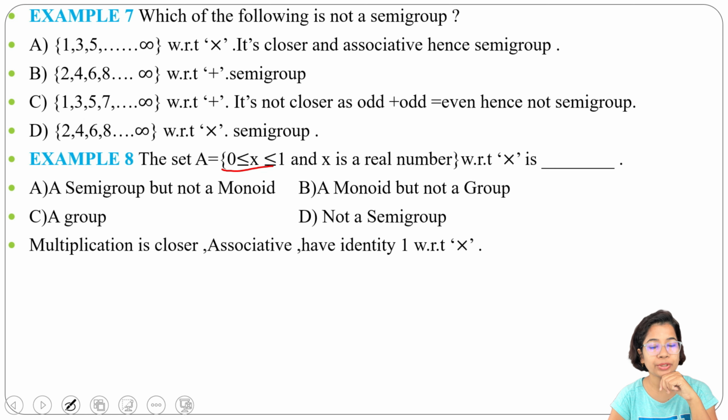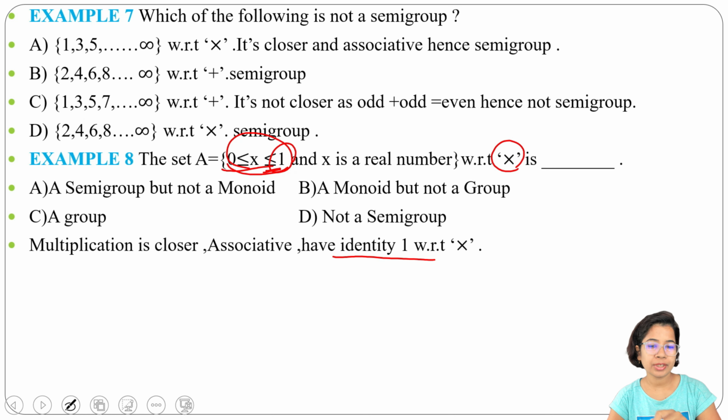Yes, it is closure. When you multiply two real numbers, we'll also get another real number and that will be between 0 and 1. It is also associative as multiplication is associative, and it also has the identity. Here it is less than or equal to, so 1 is included, right? So we have closure, associative, and identity.